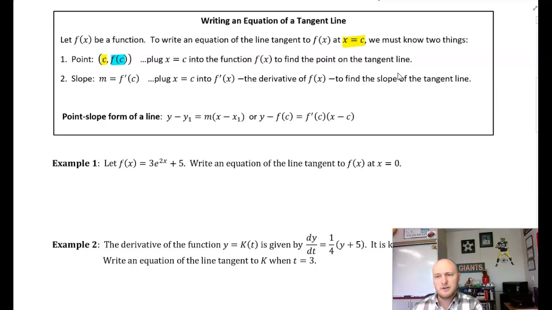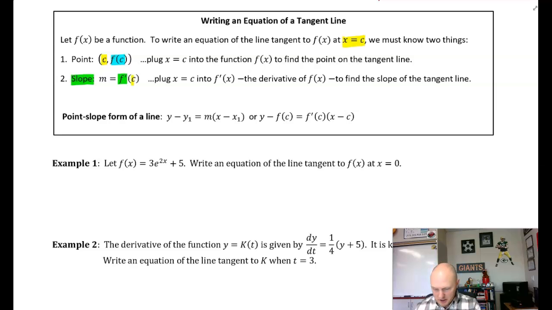Sometimes they give you the y value. It just kind of depends. That's going to be the point where the tangent line touches the function. And then the second thing that we will need is slope. And that is just the derivative at that c value, or at that x value. Okay, so we'll take a derivative and then plug the x value into it.